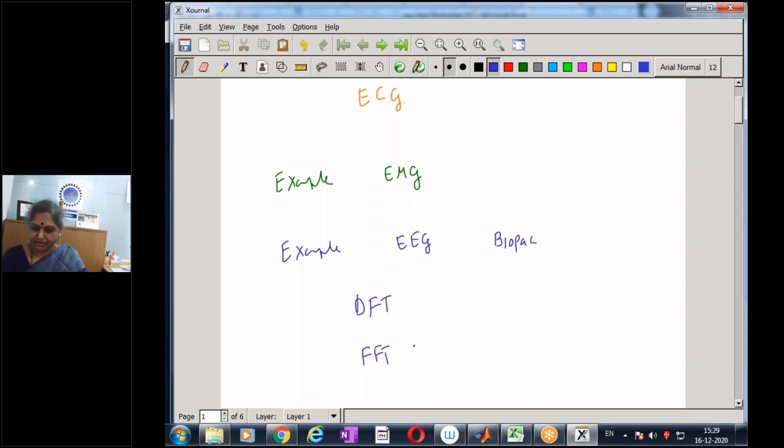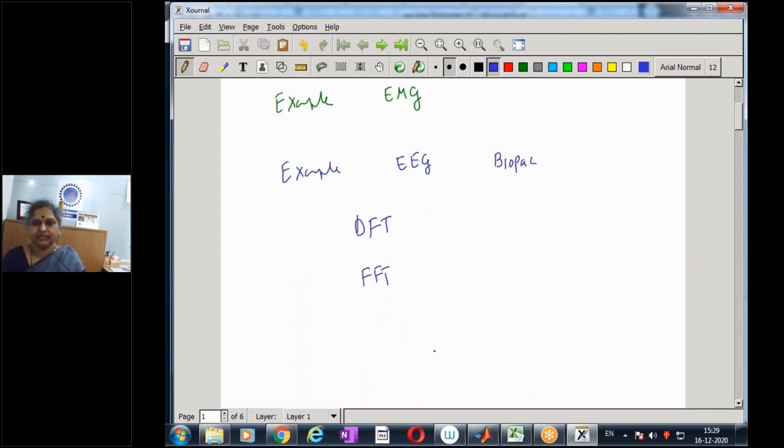And we saw from the examples that our human body signals are going up to around 40 hertz. Of course, the EMG had a little higher frequency, but the brain signals could be captured: the alpha, beta, theta, and delta waves, and each of them specifies the state of the brain.